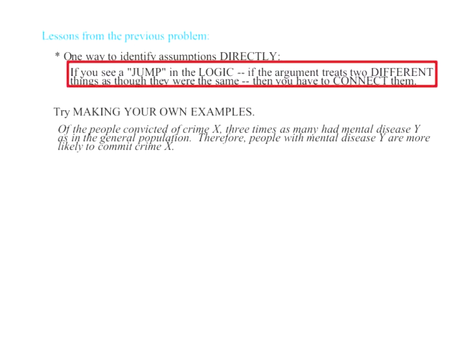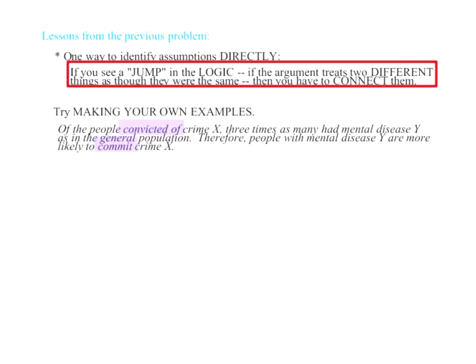In this case, the disconnect is between people who are convicted of a crime and people who actually do the crime. Those are not the same. As you know, a lot of people don't get caught committing crimes, and a lot of people are falsely convicted.